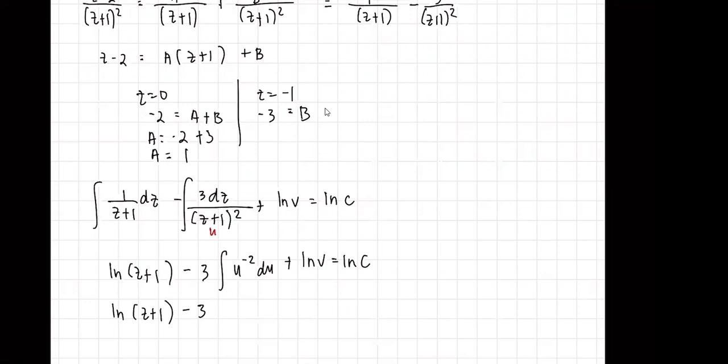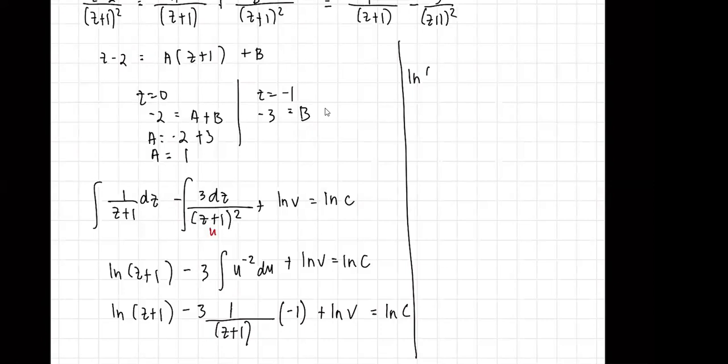So u minus 1. So dapat mapunta na siya sa ilalim. So 1 over z plus 1, tapos times -2 plus 1 is -1. Okay? Plus ln v is equals to ln c.